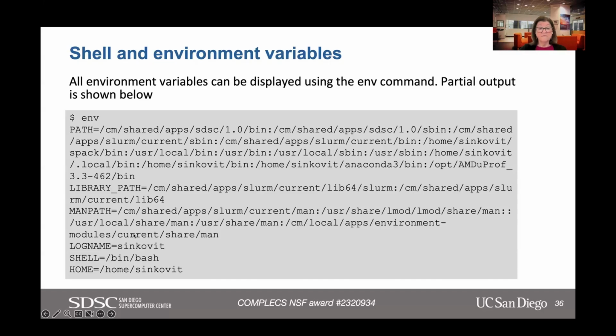Modules are also there, your login name, the shell you're using, and where your home is. There's a big snip around the rest of the data you would get from the env command.